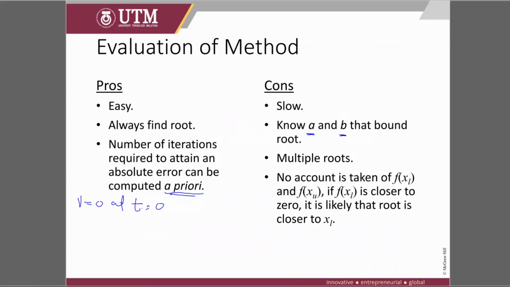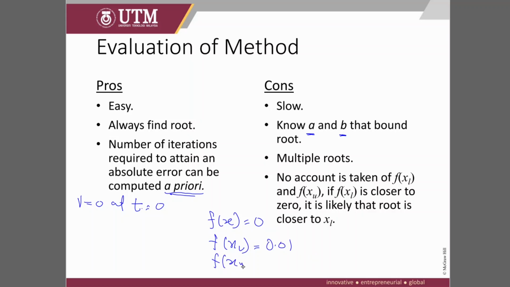Multiple roots. Another con: no account is taken of f(xl) and f(xu), for example if f(xl) is closer to 0. You know that for roots, the requirement is that f(x) must equal 0. But sometimes when we calculate f(xl) equal to maybe 0.01 and f(xu) equal to 0.5, straight away we know that xl is closer to the solution.